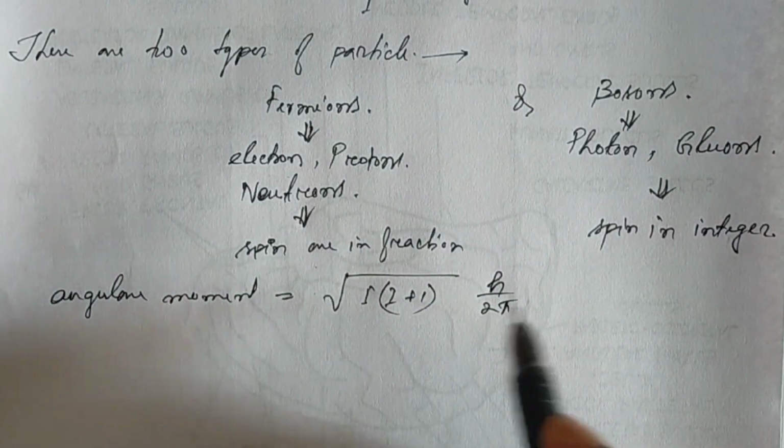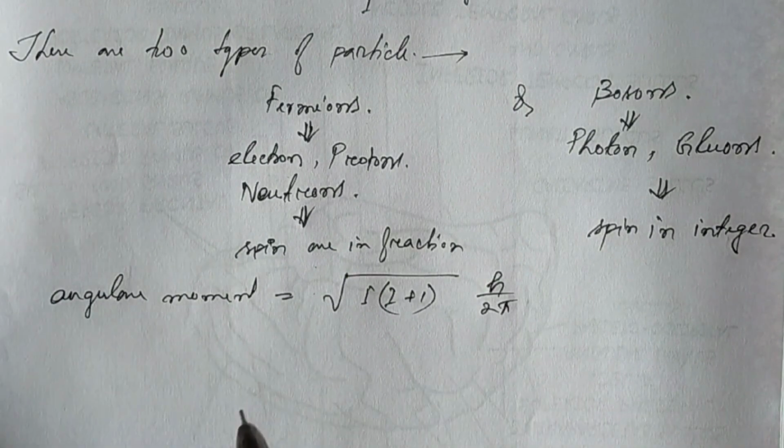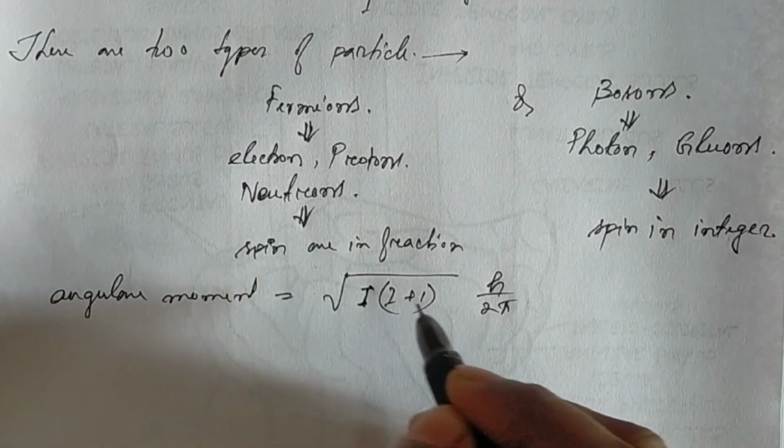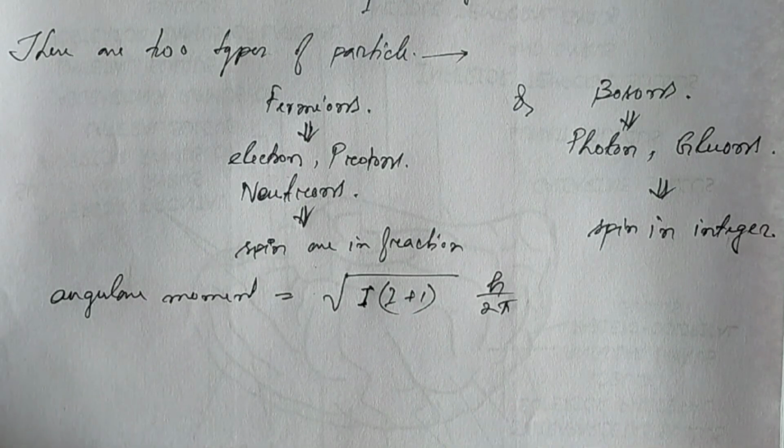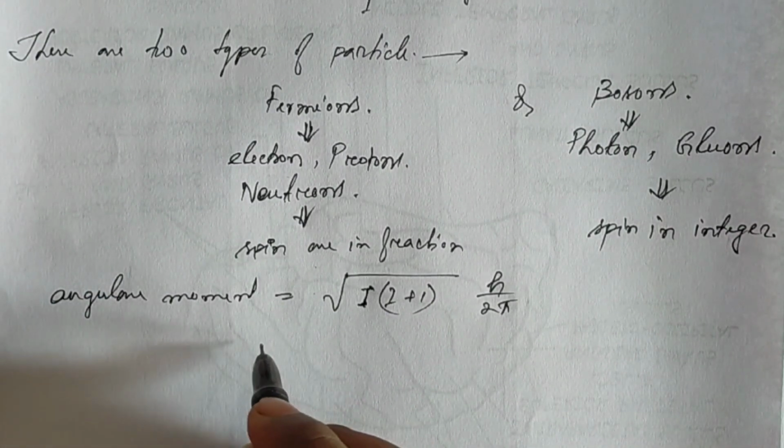Here I is the spin quantum number, and the value of I is different for different nuclei, for different particles.